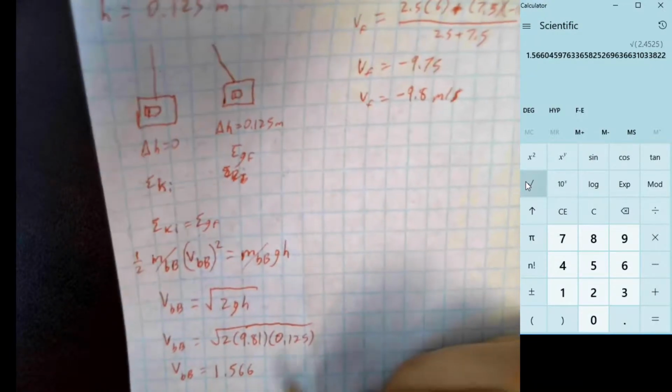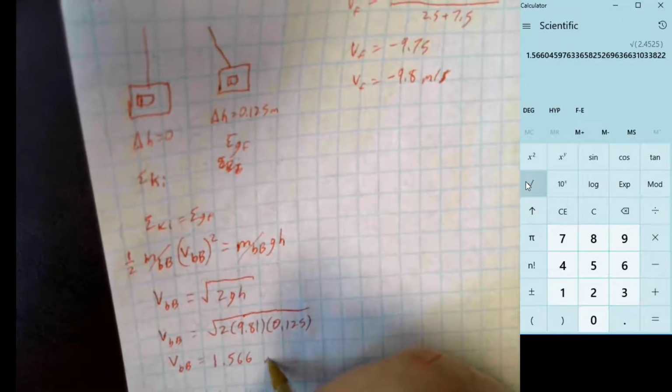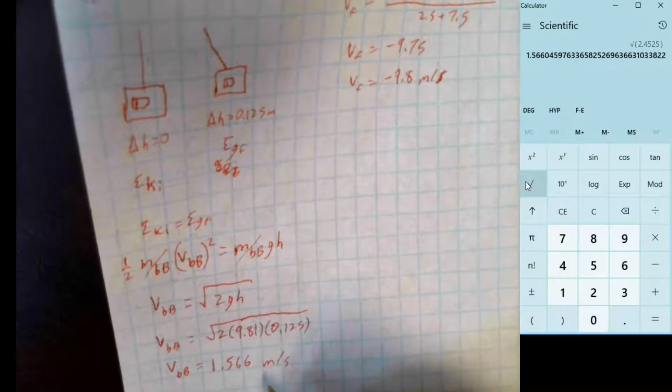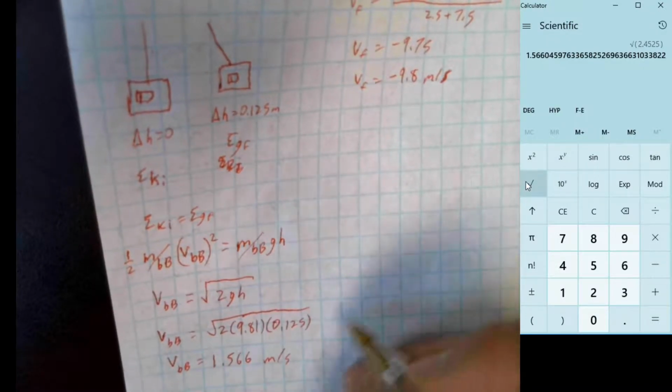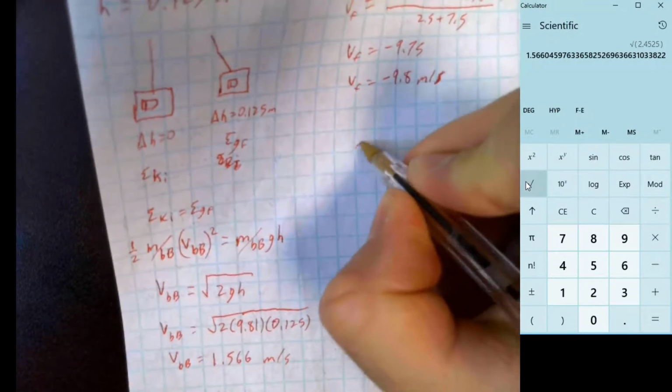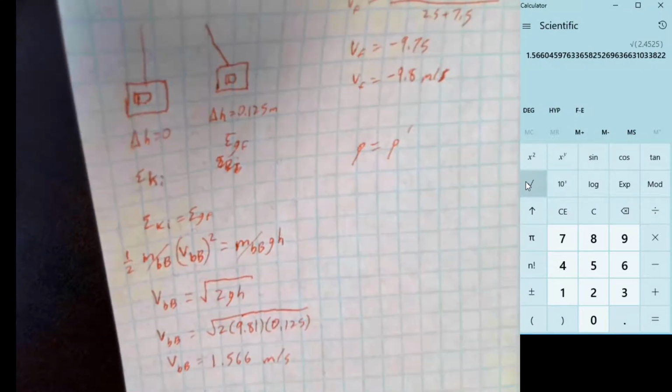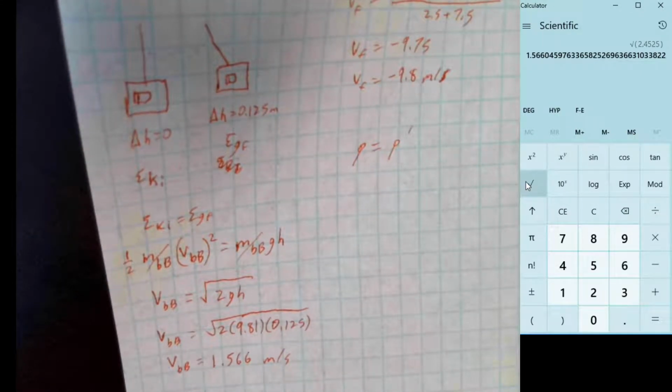Now, I'm going to use that 1.566 meters per second. That's not my solution yet, to find out what my initial velocity was of my bullet. So I'm going back to conservation of momentum.